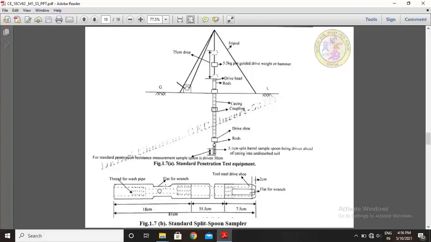This is the flat for the wrench, and these are the threads for the drill pipe. These are the tool steel drive shoe of 2 centimeter thickness, flat for wrench. So these are the components of split spoon samplers for collecting the samples.